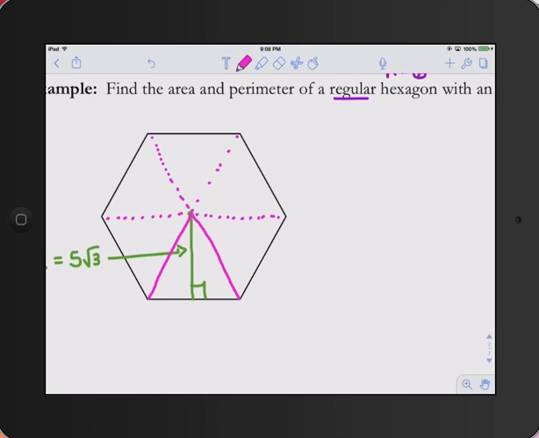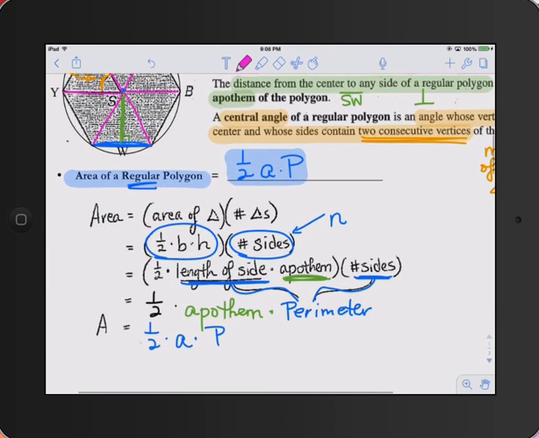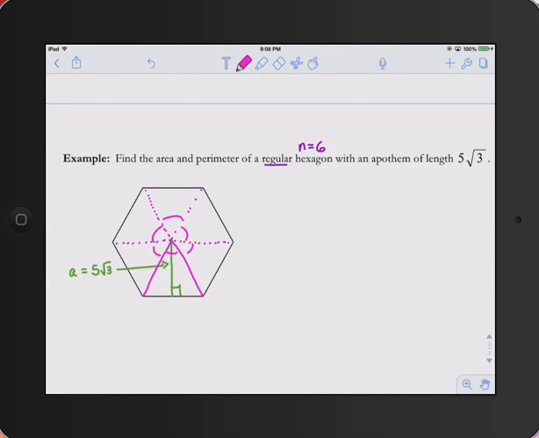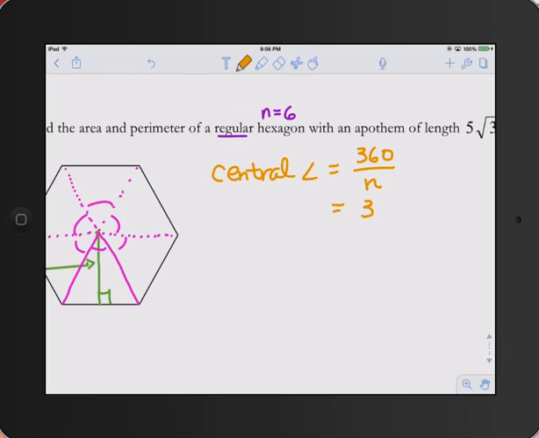You don't actually need all the radii, but it helps to think about the fact that these would be 6 congruent central angles, right? Which means the measure of each central angle is going to be 360 divided by the number of sides. So 360 over 6 is 60 degrees for each central angle.